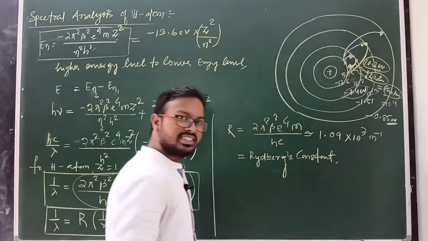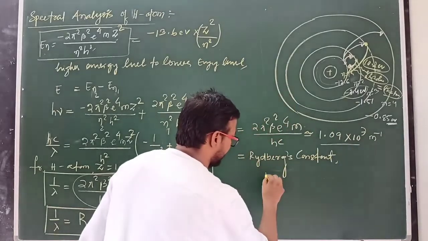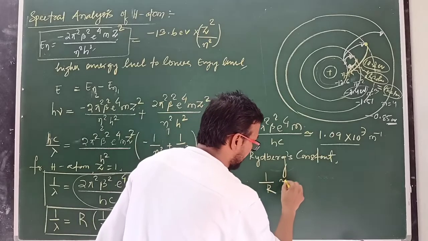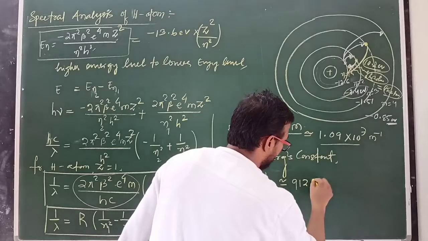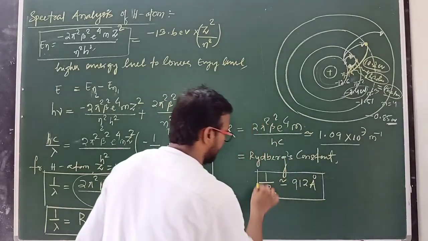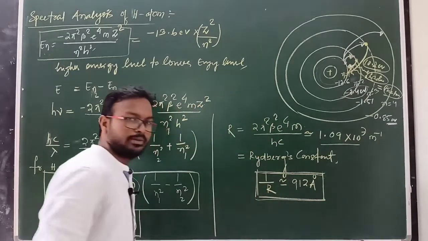Rydberg constant. Clear? This is the general expression, or you can remember one relation: 1 by R, 1 by Rydberg constant, is nearly equal to 912 angstrom. Clear? You can remember this relation while calculating numerical problems; it will help you. Clear?